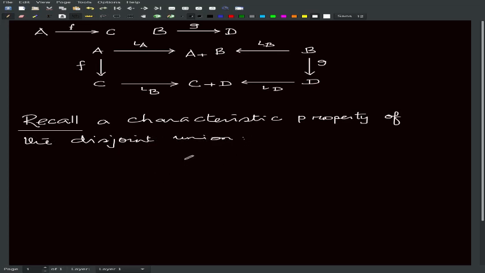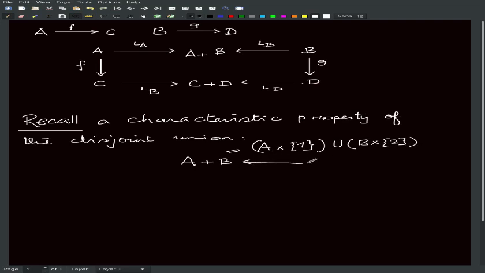We have defined A plus B as, if you remember, A cross 1 union B cross 2.